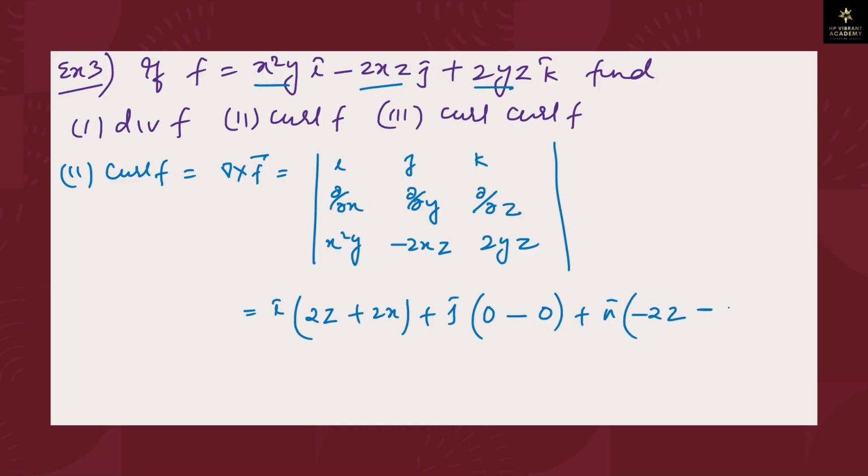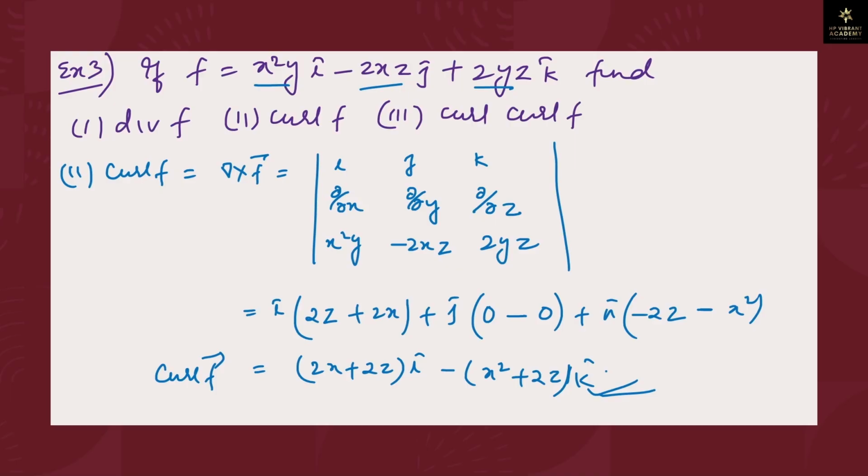This is x². So the value of curl of f is (2x + 2z) i cap and minus (x² + 2z) k cap. Okay, so this is the value of curl of f.